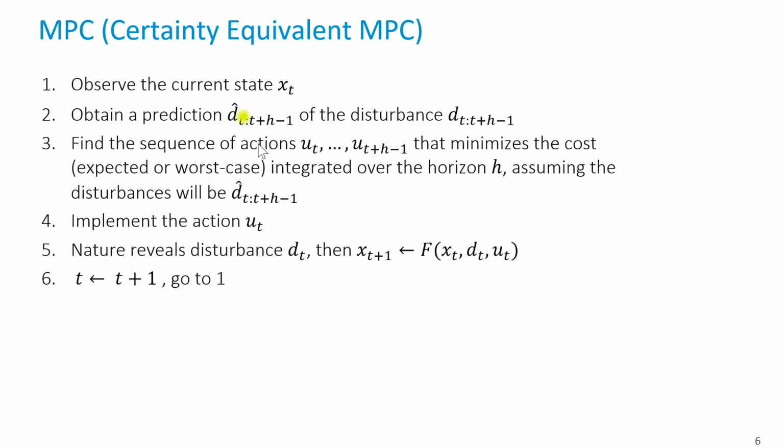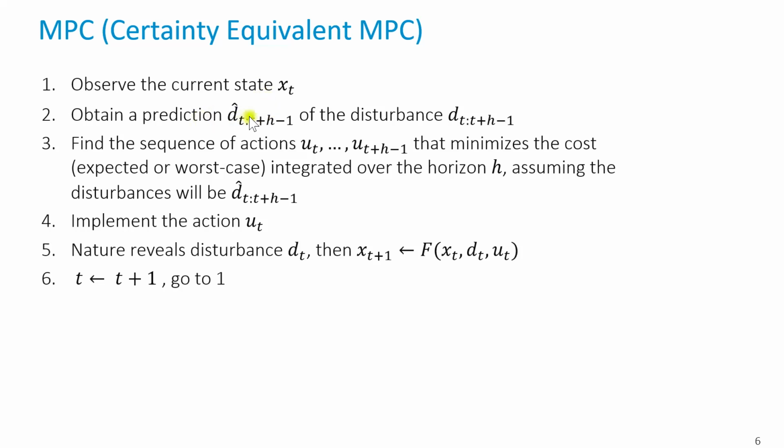We have a horizon, capital H. H, in the case of a house, would be at least 24 hours. We will need to anticipate a full cycle of the variation between day and night, because the prices and the variability typically follow a daily pattern. If you want to be more efficient, you would probably have a horizon of a bit more than a day. So capital H is the horizon here.